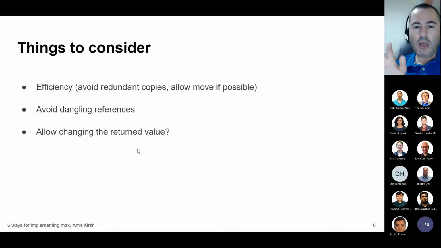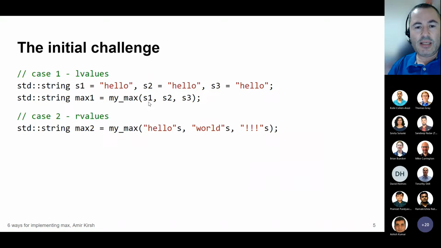So I would start with returning a constant or returning by value, but this is an open question. Maybe we would go through that, maybe we would not. It depends on the time. But it is possible. For example, in this case, since all strings should be alive when we call my max, we should be able to return a non-const lvalue reference, and allow assigning a value to the returned lvalue.